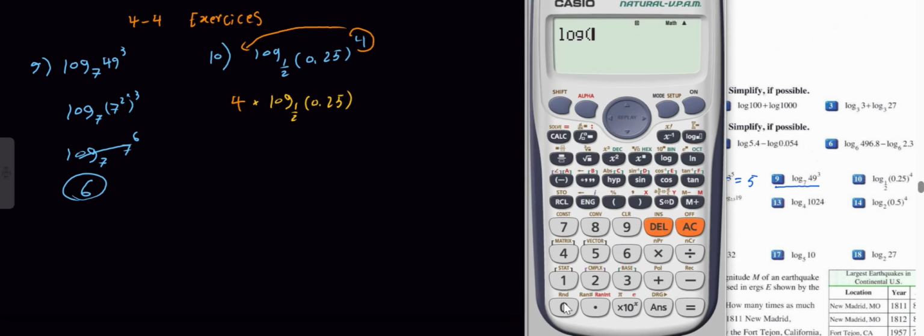Log 0.25 divided by log 1 over 2. It should be in the brackets. So it equals to 2. So 4 multiplied by 2 equals to 8.